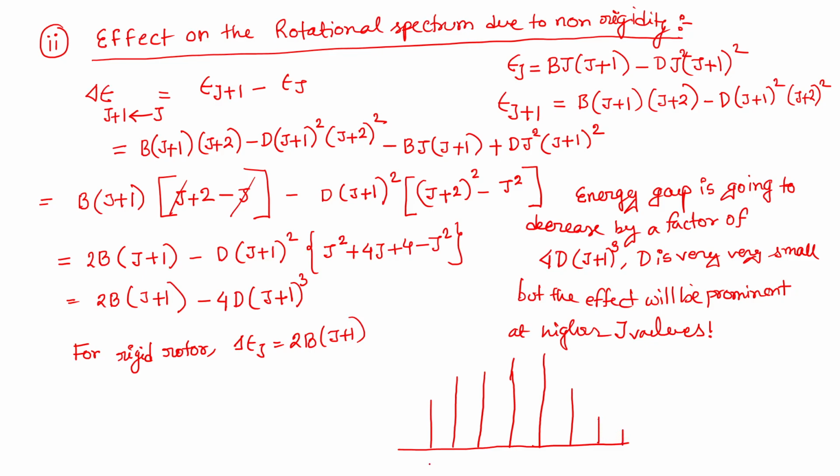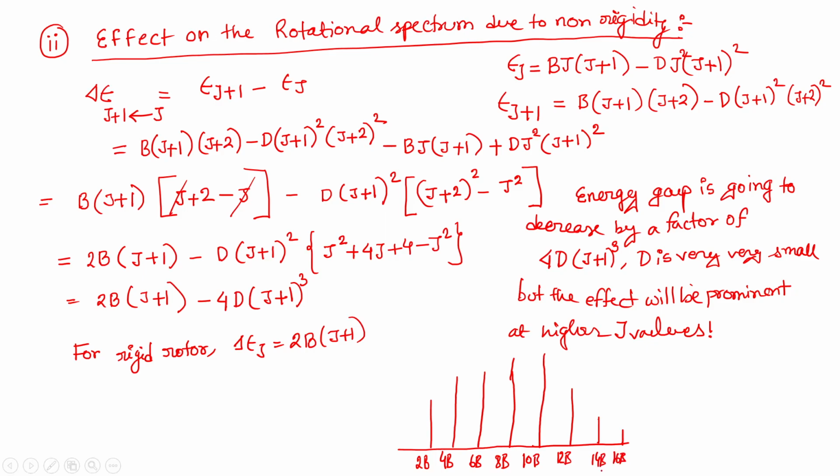Suppose this was starting 2B, 4B, 6B, 8B, 10B, 12B, 14B, 16B.